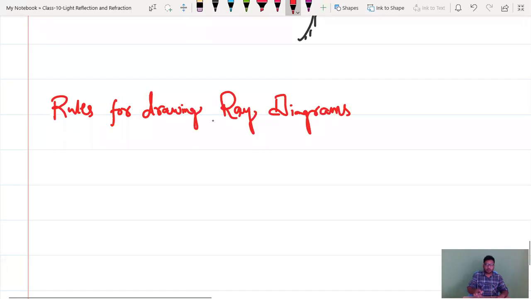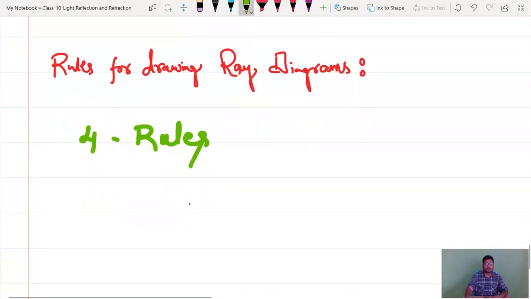There are 4 rules, guys. You need to understand these 4 rules. Please write this heading in your classwork, and while I am drawing, you can draw all those diagrams.